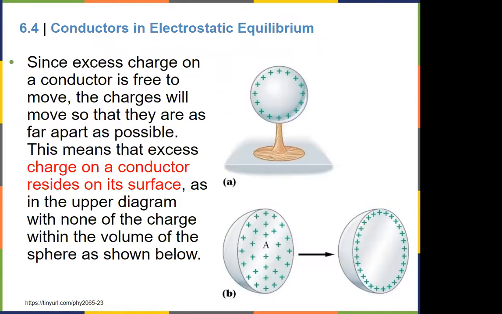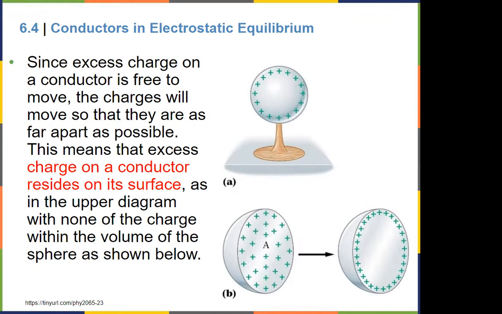The next section talks about conductors in electrostatic equilibrium, okay? So if you have conductors, a conductor has conduction electrons that are free to move from atom to atom, okay? So that makes them a conductor. In that case, charge can be redistributed. So throughout the body, charges are free to move inside the body.